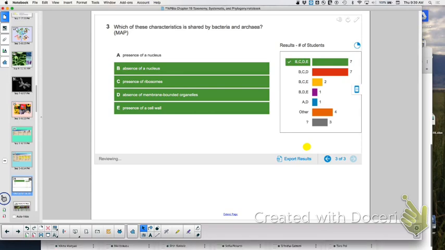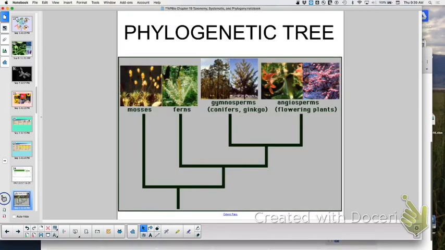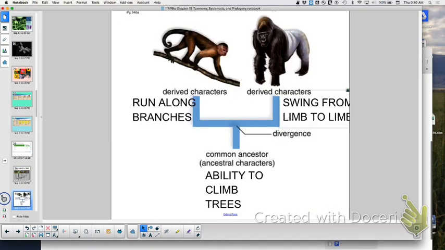All right, moving on to the last bit here. Phylogenetic trees. We already learned how to do this, right? We're looking at the ancestral history. What these two have in common is that they have the ability to climb trees.